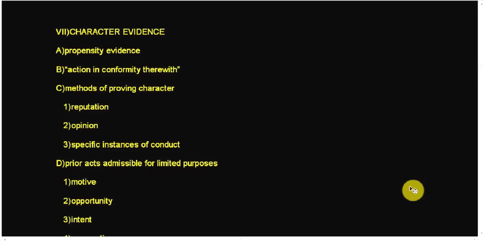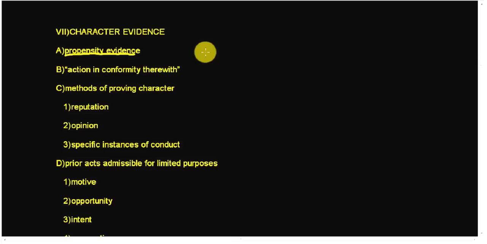So, just to start out, character evidence is commonly referred to as propensity evidence. A person can have the propensity, which is sort of the likelihood, to act violently, drive drunk, or expose themselves in public. And such character traits have the potential of prejudicing the members of the jury.